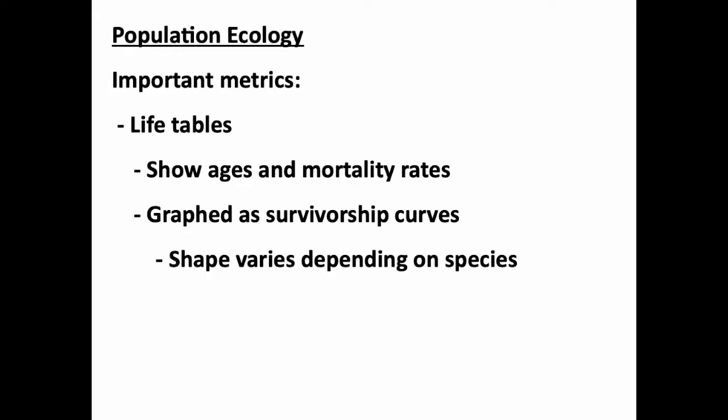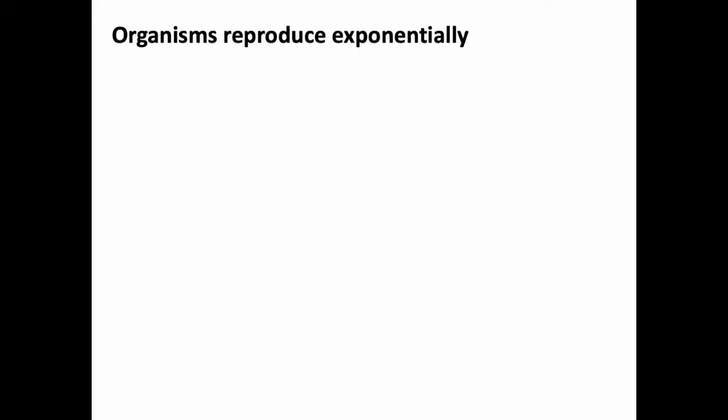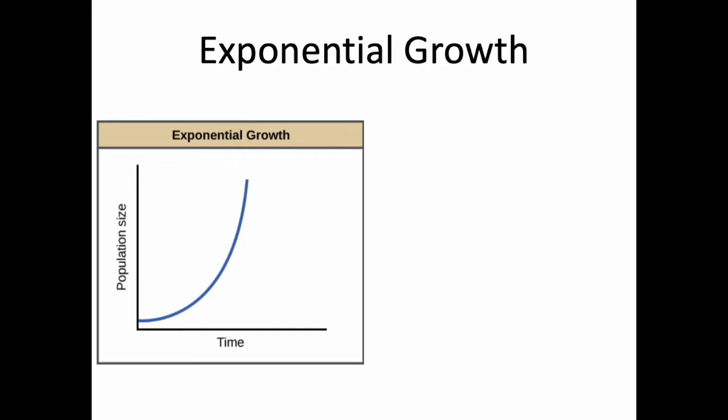Next, let's return to something that should be familiar. We initially introduced this not that long ago, the idea that organisms reproduce exponentially. Yes, it is this graph again. I brought this up when we were talking about natural selection and evolution, and yes, organisms make more of themselves.